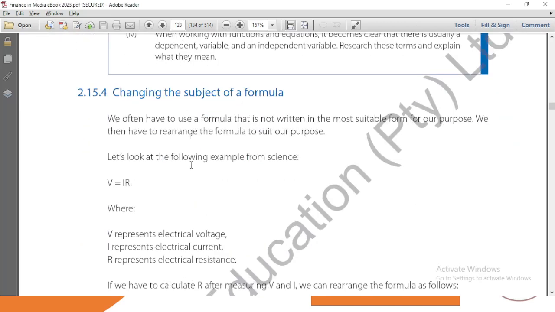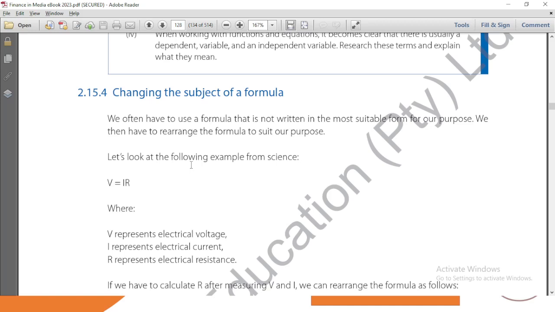So 128, changing the subject of the formula. Here we've got different types of formulas that have been presented within the textbook, using different types of terminologies, science and technology terminologies, which have been used to show you how to change the subject of the formula.